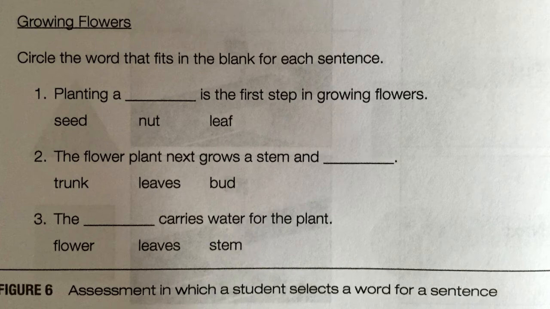So you see there is only one blank, and there are three options, like choices. They can choose one of them, and they can circle one of the answers, or they can write the answer in the blank by looking at the example.